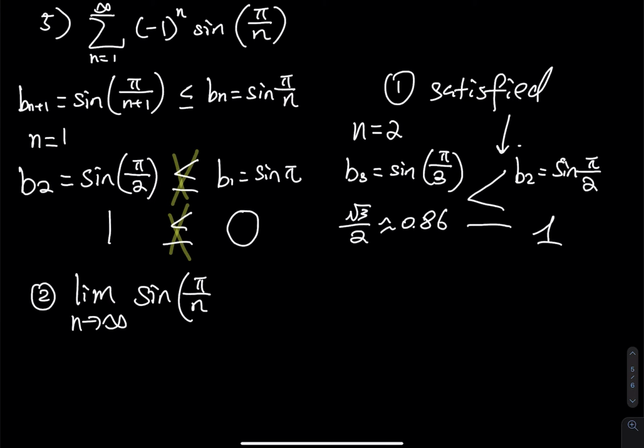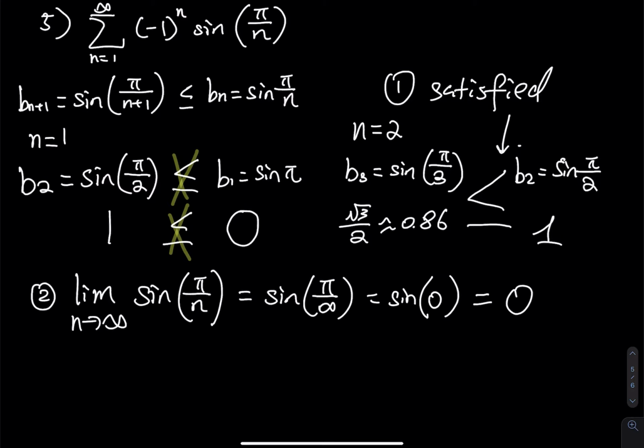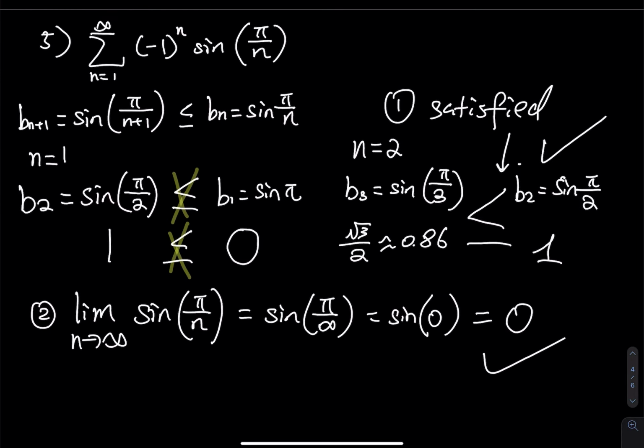As n approaches infinity, we have sine of pi divided by infinity, 3.14 divided by infinity is equal to 0. What is sine of 0? Sine of 0 is at the origin. Y is equal to 0. So number 2 is satisfied. Number 1 is satisfied. Therefore, the series is convergent because both 1 and 2 are satisfied.